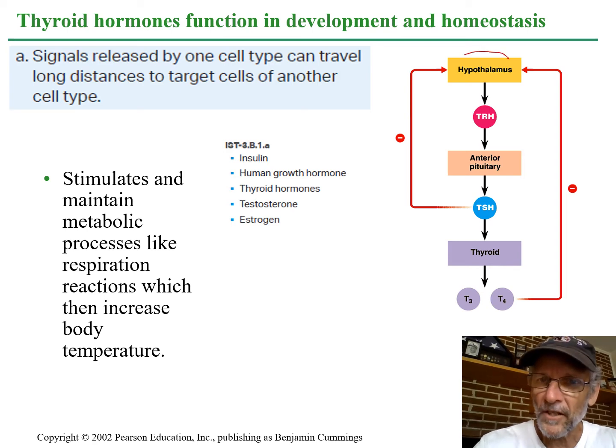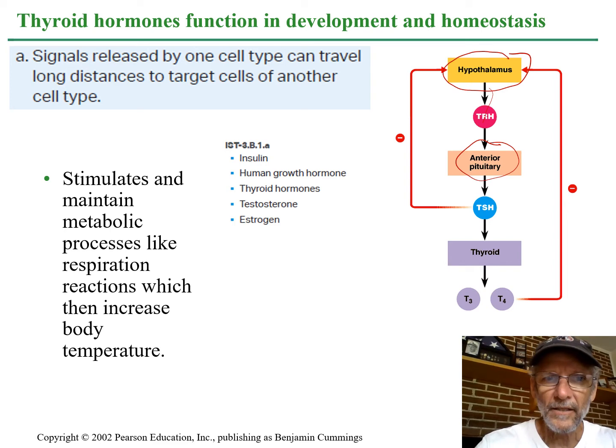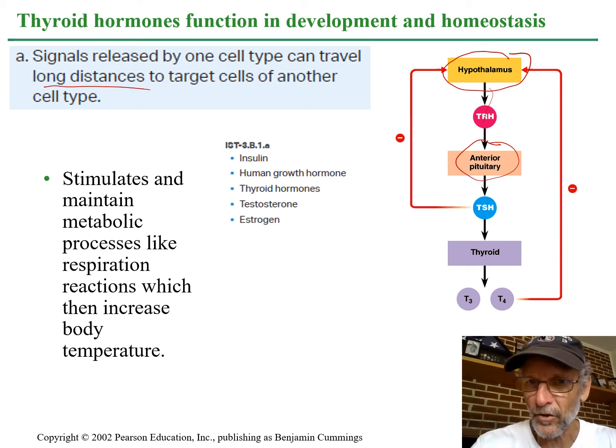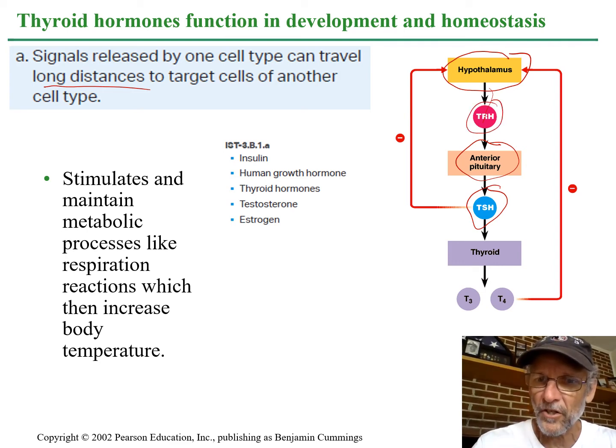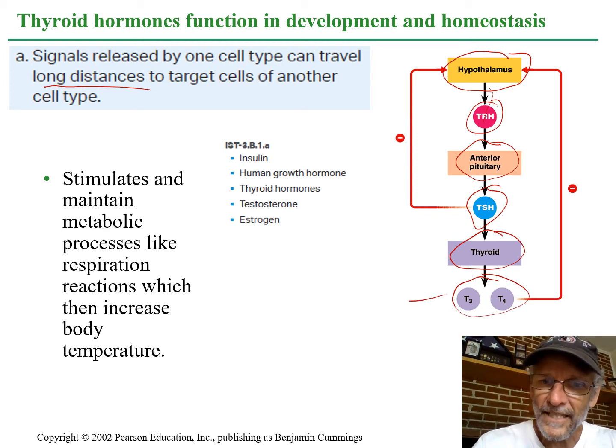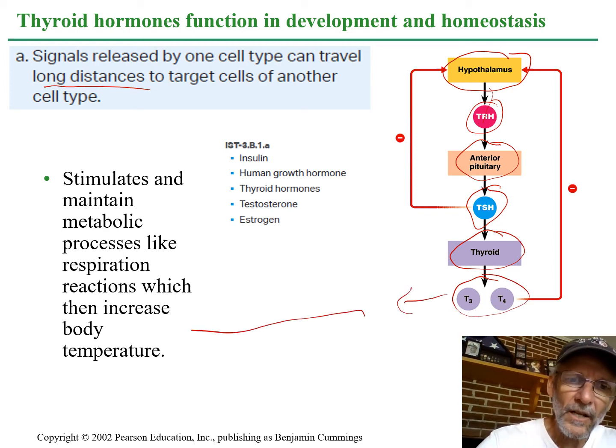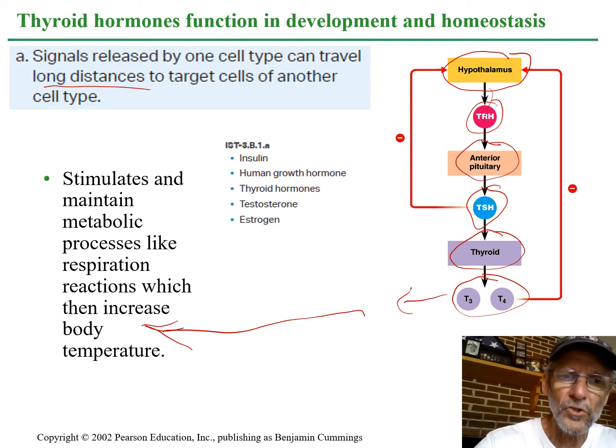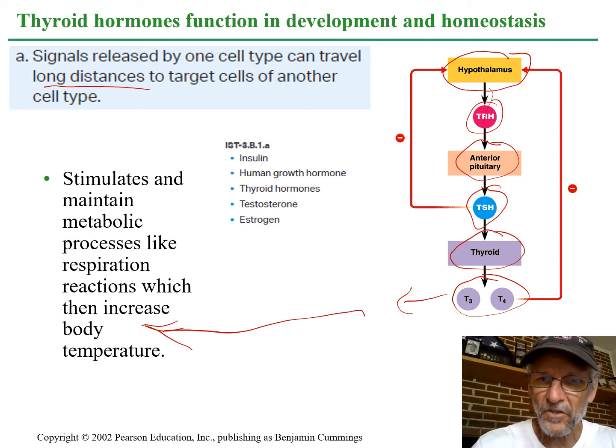This story starts in the hypothalamus, sends a molecule to the anterior pituitary. This is long distance travel, even though they're pretty close together, right? Sends another molecule, all these are signal molecules, receptor, signal transduction pathway, to the thyroid, which produces these. What do these do? These say to cells, do some more Krebs cycles and things, release some more heat.